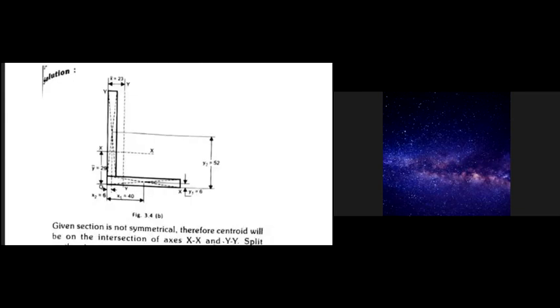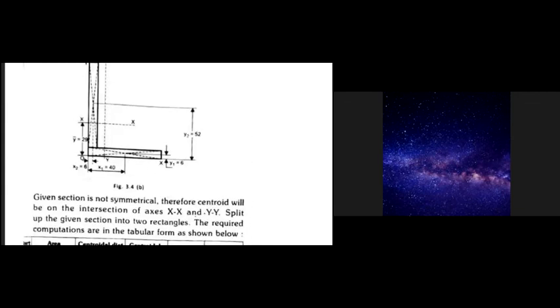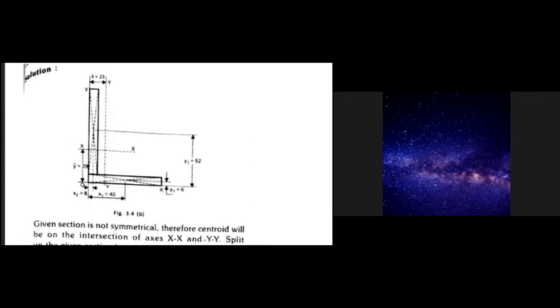Similarly, find all these dimensions for part 2, that is rectangle 2. Here the dimensions of rectangle 2 are the same, 80 by 12 itself. Its area is also 960. For the centroid of this second rectangle, from the y-axis it is the same, 12 by 2, that is half of 12, that is 6.